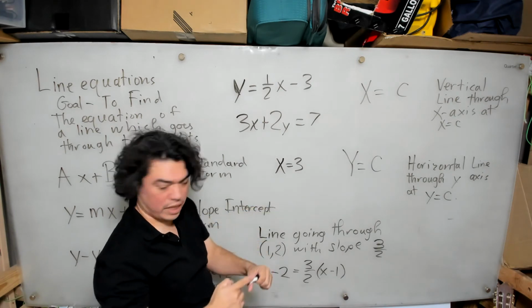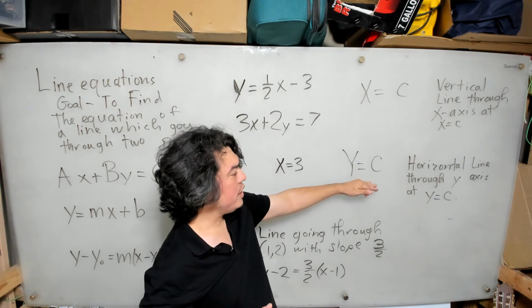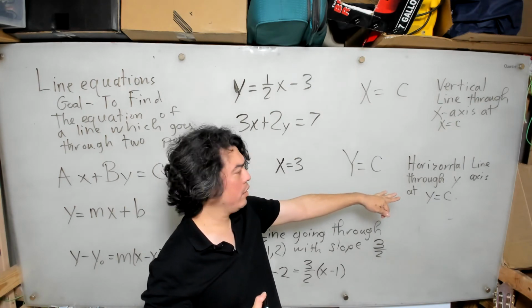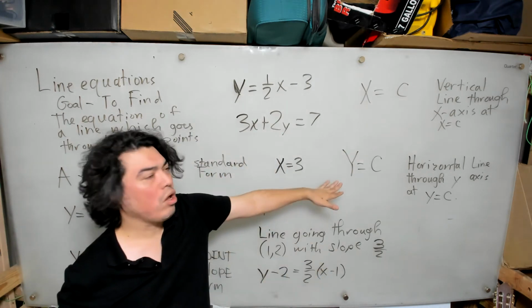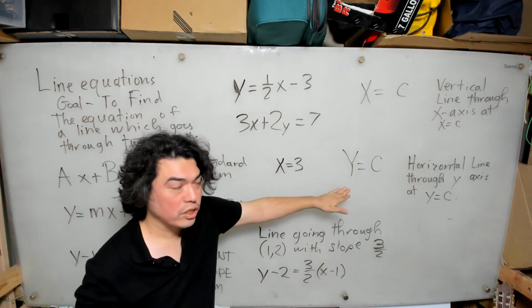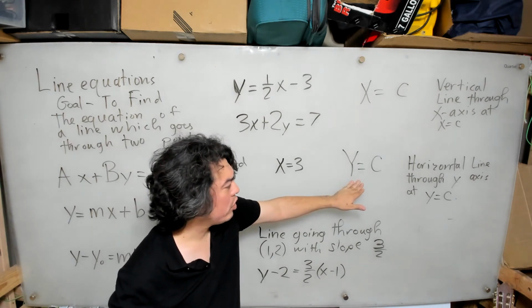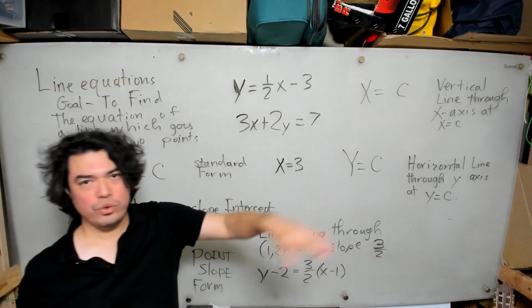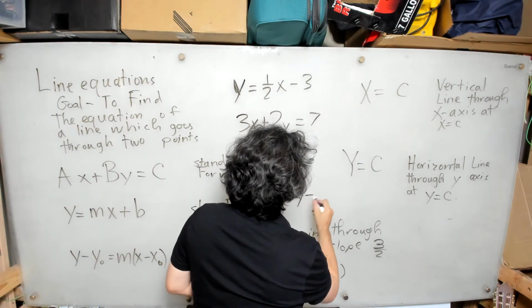Okay. In a similar way, the equation y equals c is the horizontal line through the y-axis at y equals c. We recall that horizontal lines occur when the slope is 0. So if you get a 0 slope, you know it's going to be a horizontal line. And let's say we know it goes through a point with y coordinate 4. You could say y equals 4.